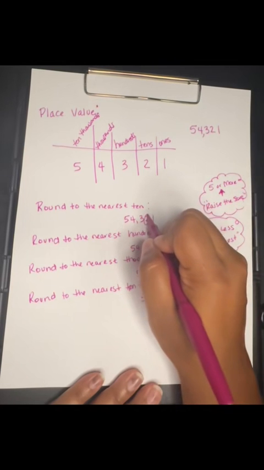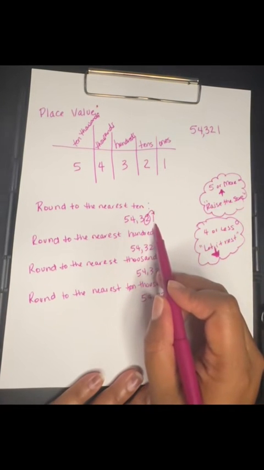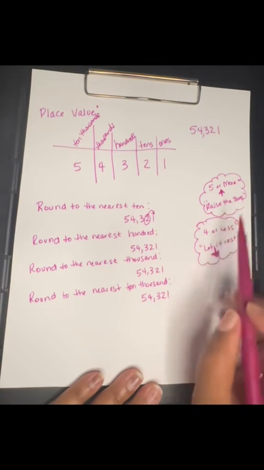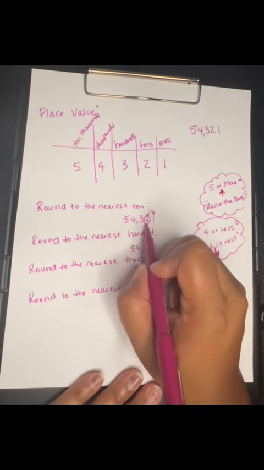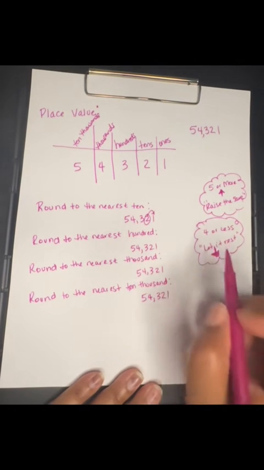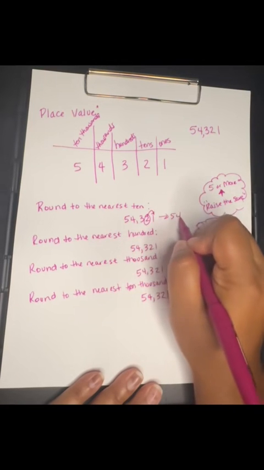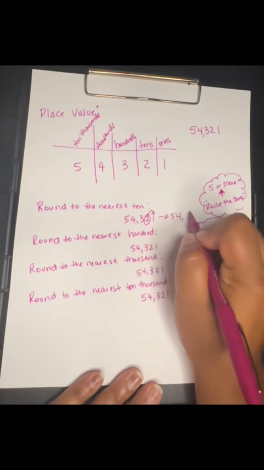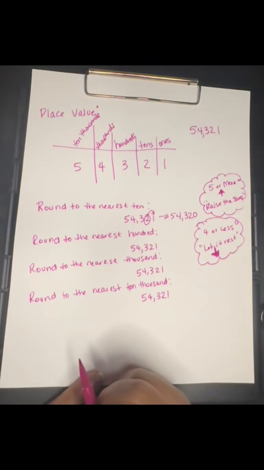And then I'm going to draw an arrow back here because this is the digit that is going to determine whether I round up or round down. If it's 5 or more, I'm raising the score. If it's 4 or less, I'm letting it rest. Okay? So in this case, 1 is 4 or less, which means that that particular digit is going to go to 0. The 2 in the tens place is not going to be affected. That is the nearest 10.